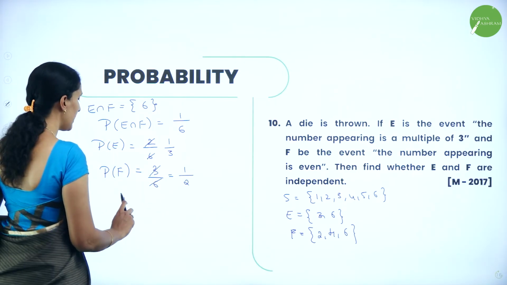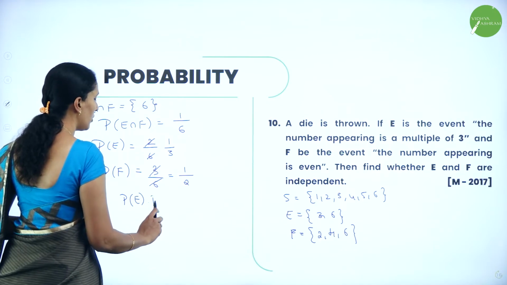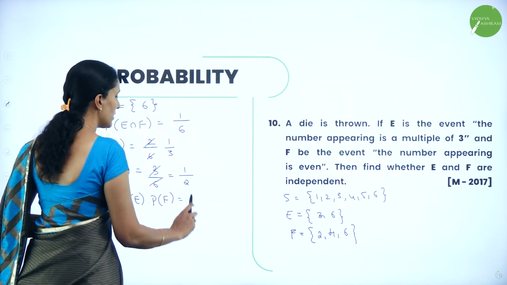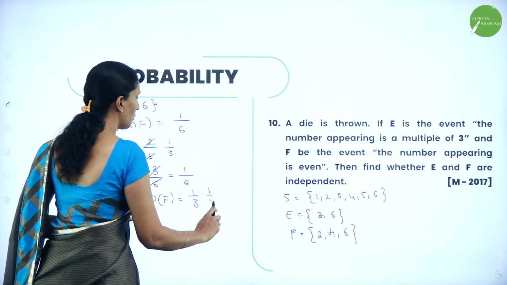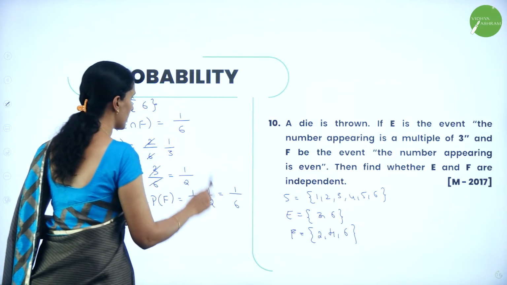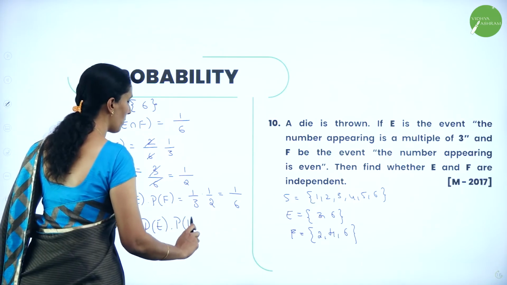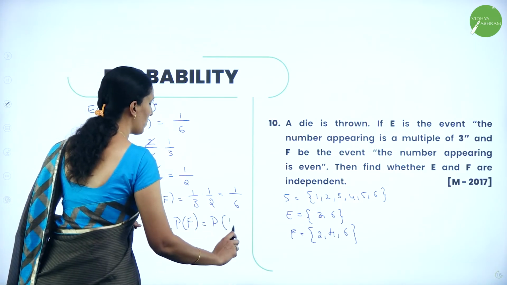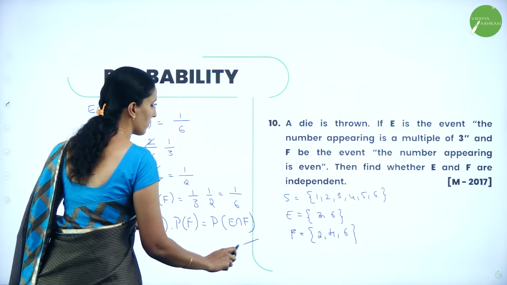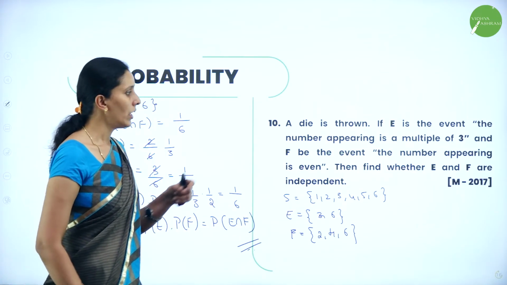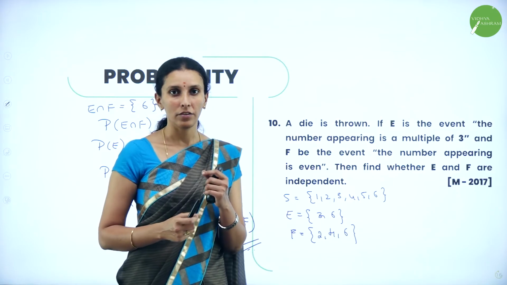Now multiply P of E into P of F. So that is 1 by 3 into 1 by 2, which is equal to 1 by 6. So therefore what we can conclude is the probability of E into the probability of F is equal to the probability of E intersection F. Hence we can say that they are independent events.